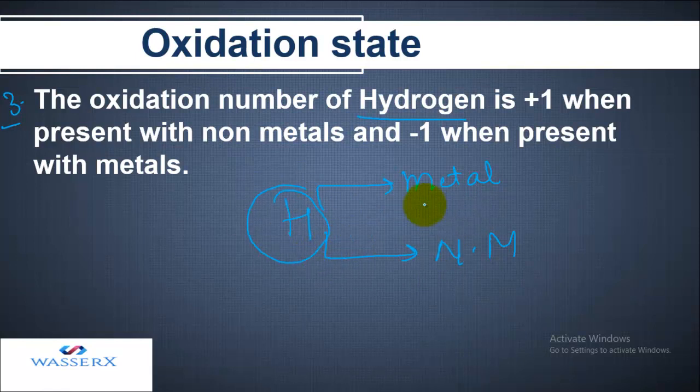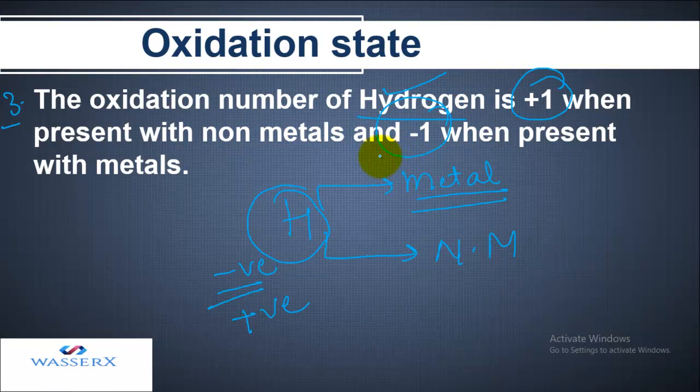If it is combined with metal, then its oxidation state is negative. But if it is combined with non-metal, then its oxidation state is going to be positive. So I think you got it, that whenever it is combined with non-metal, it is +1. And when it is combined with metal, it is -1.